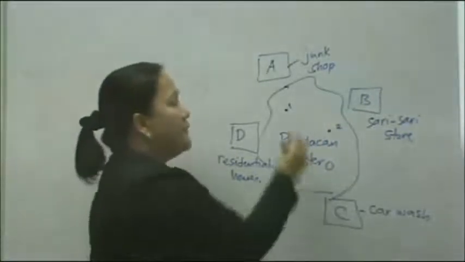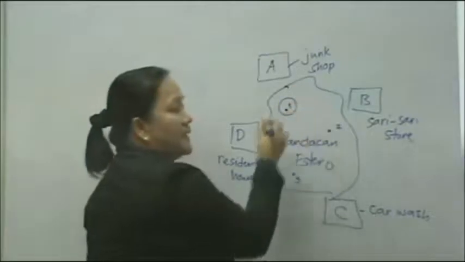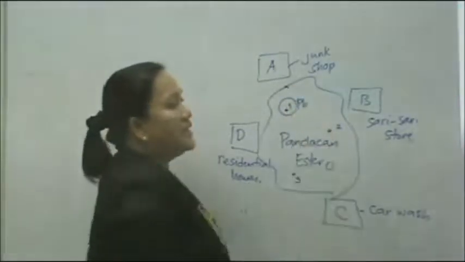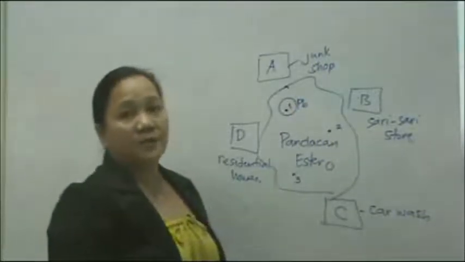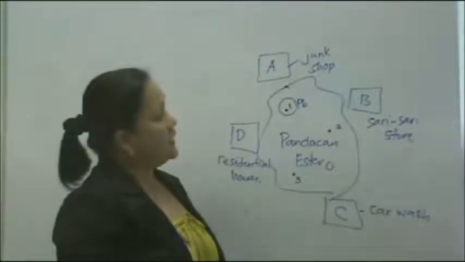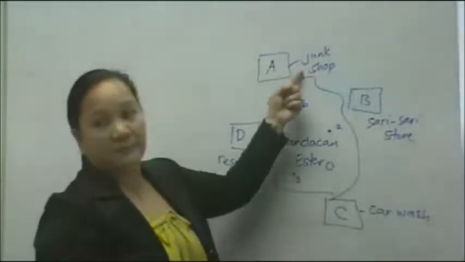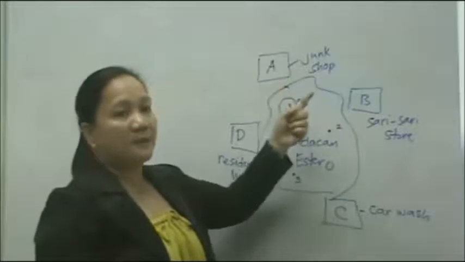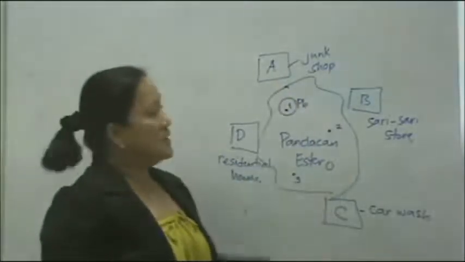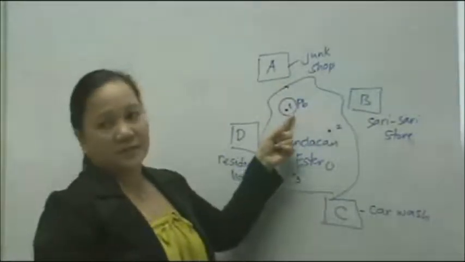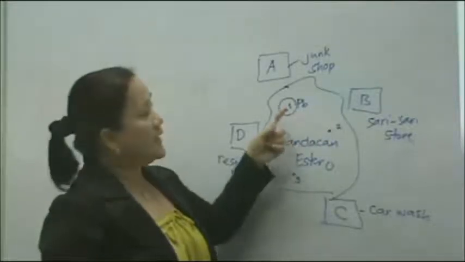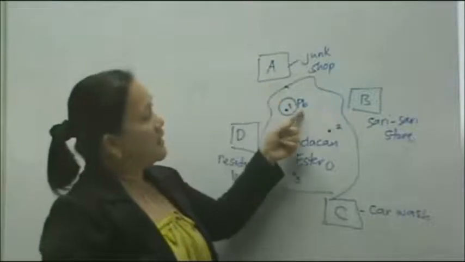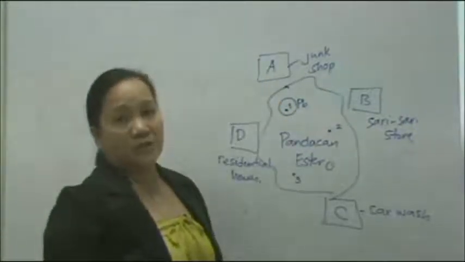Okay? Now, if you have found that sampling point 1 contains lead, which do you think would be the source of the pollutant? Definitely, you would say it's the junk shop, because the junk shop would involve some heavy metals which probably run off with water so that it contaminated the water with lead. Since you can identify the source of this contaminant, this contaminant is classified as a point source.